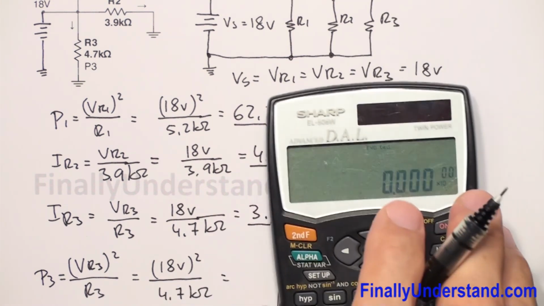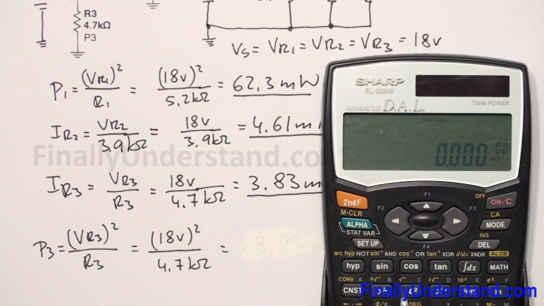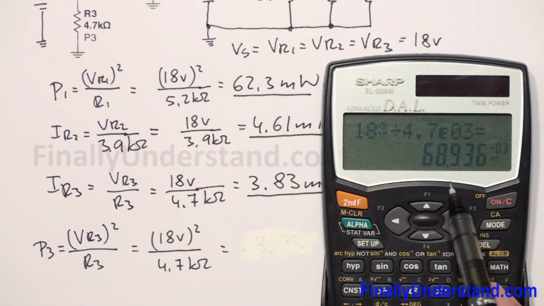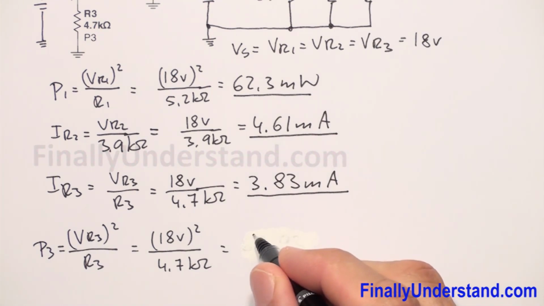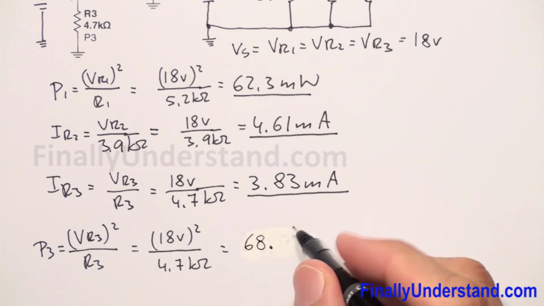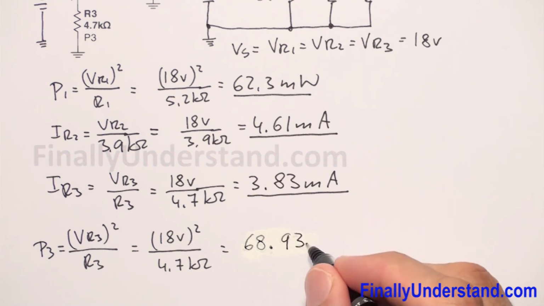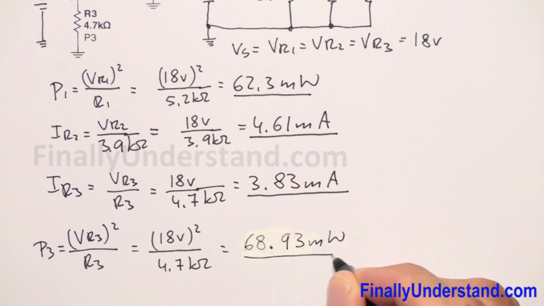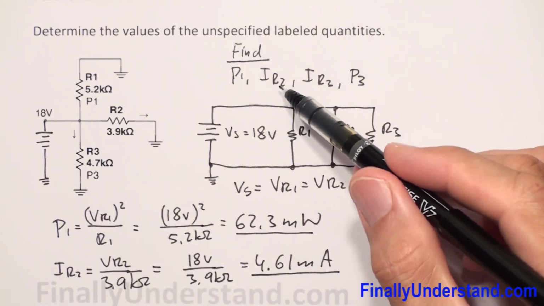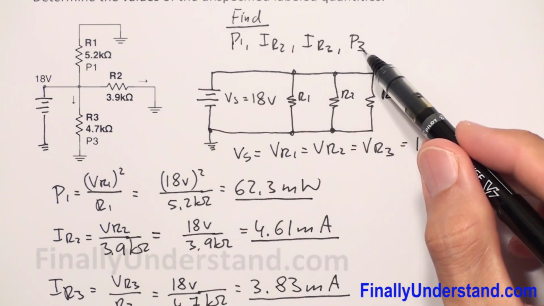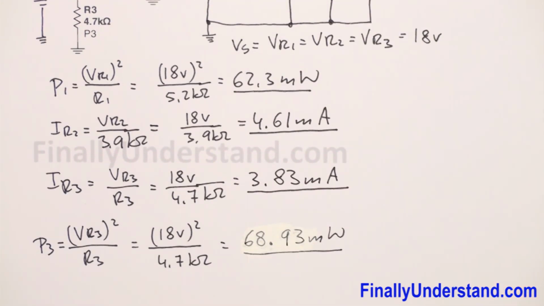Now we have 18 squared divided by 4.7 times 10 to the third. This is equal to 68.93 milliwatts. We found the power P1, we found IR2, we found IR3, we found P3, so we can say that the problem is solved.